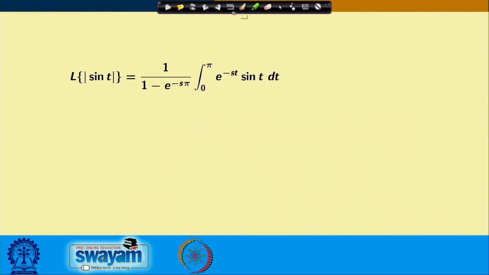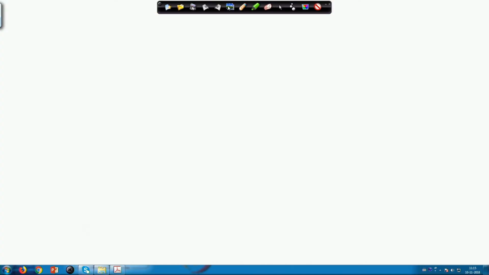Welcome you all again. If you recall, in the last class we did the Laplace transform of a periodic function, and if you see, the Laplace transform of a periodic function is like this.